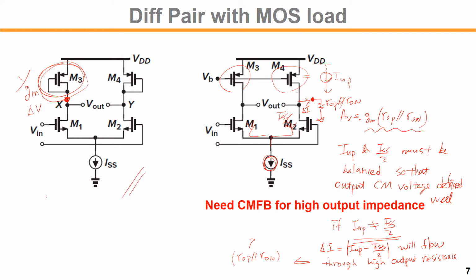But high impedance ROP and RON are seeing each other for pull up and pull down and fighting each other. In that case, we cannot use this kind of amplifier by itself without common mode negative feedback.